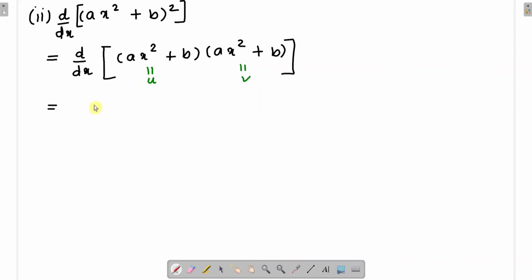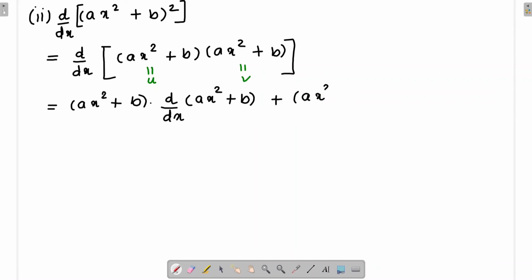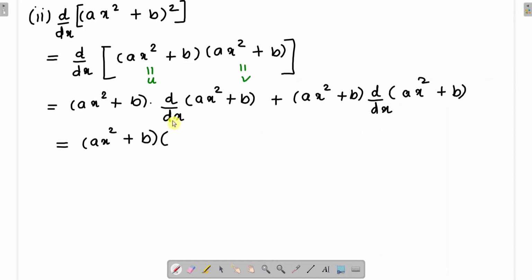So this will be equal to what? U, the first function, ax square plus b times the derivative of the second, so d by dx of ax square plus b. Now plus the second function ax square plus b multiplied by the derivative of the first function, ax square plus b. Okay, so this will be equal to ax square plus b times, now the derivative of ax square will be what?